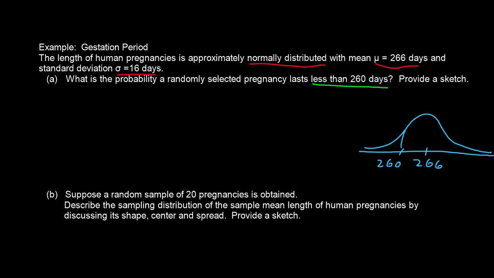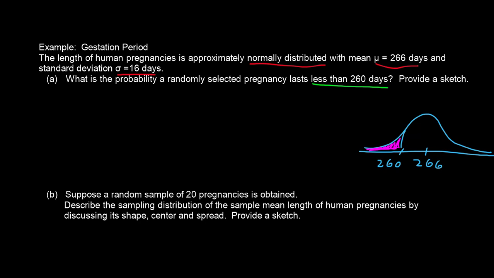So if I was to highlight a portion of this curve, should I highlight to the left or to the right of 260? So, because it says less than, I'm going to highlight the region to its left. So remember how we approached these types of questions. We're going to convert 260 days into a z-score.